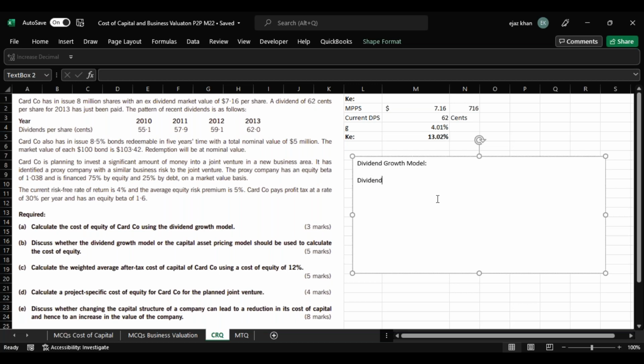The dividend growth model only takes dividends into consideration and ignores capital gains.